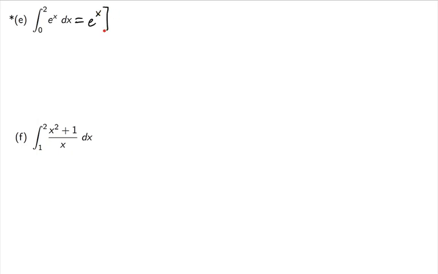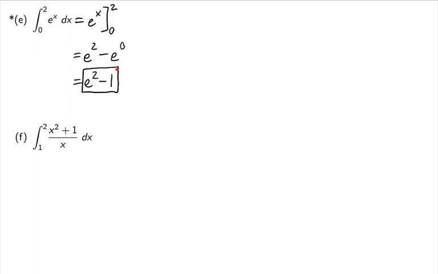And we're going to evaluate that from 0 to 2. So this one's actually pretty straightforward. You'll get e to the 2 minus e to the 0. And so you just have e squared minus e to the 0 is 1. And I'm just going to call that a quick final answer. Hopefully you did okay on that one.